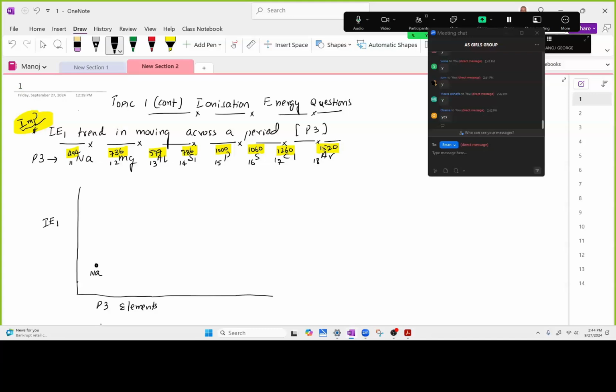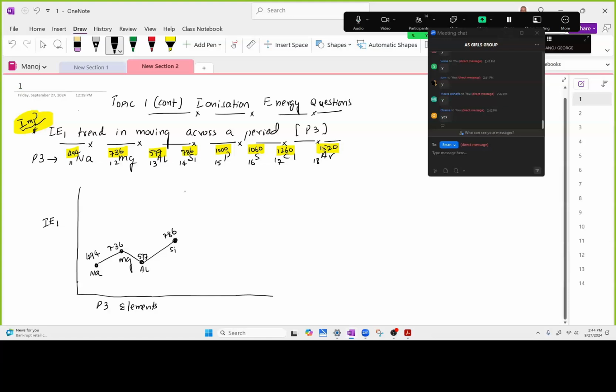It is 736, so I'm putting a dot here for magnesium. Aluminium is 577. It is less than 736, but more than 494, so it is slightly going down. This is aluminium with 577. Silicon is 786. It has gone up a bit more, so I'm going up here. This is 786 for silicon.